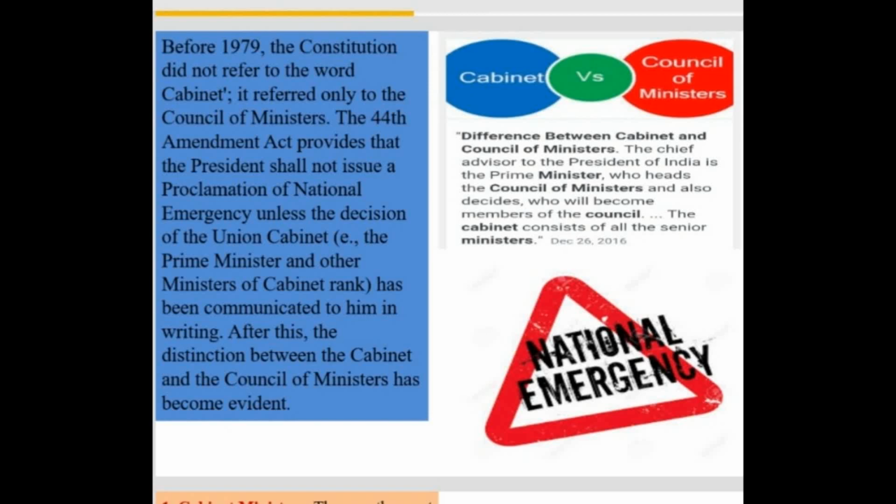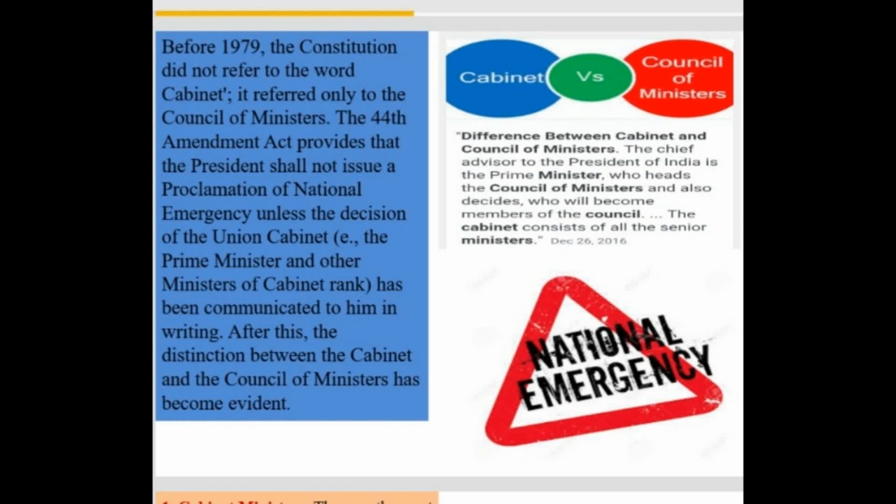So for the first time, in describing the exercise of the President's emergency powers, this Cabinet has been elaborated in our Constitution, and that is during the emergency. After this, the distinction between Cabinet and Council of Ministers has become evident. Till this description of the Union Cabinet in the emergency functioning of the President, there was no reference. It was only the Council of Ministers.